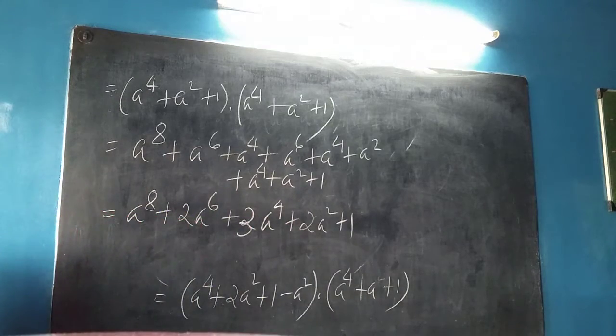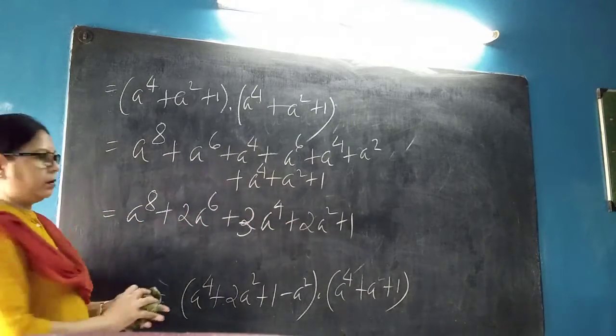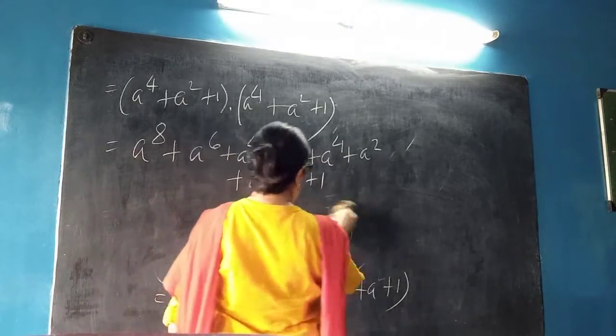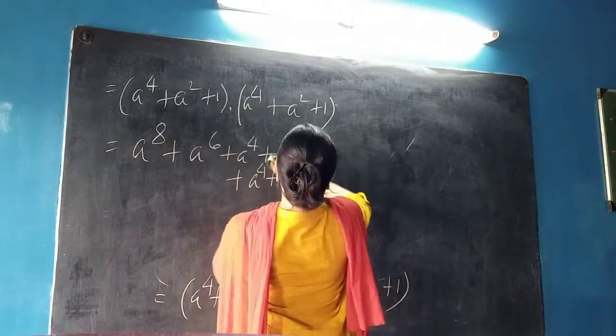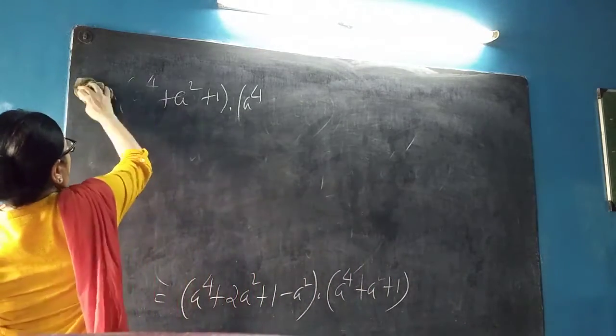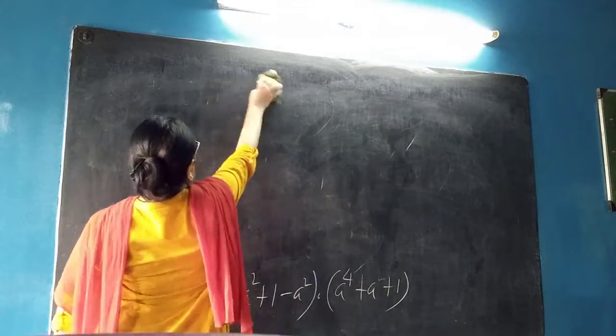Then I will do that one, number 28. So continued product means first two expressions you will multiply first, then whatever product is coming, with that we will multiply the last term.